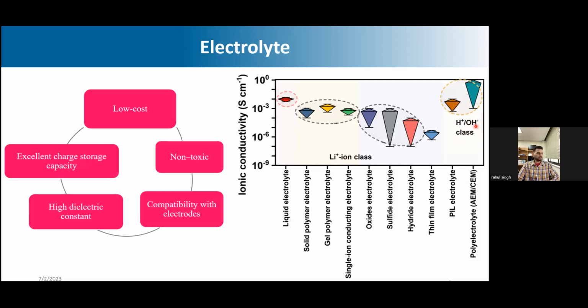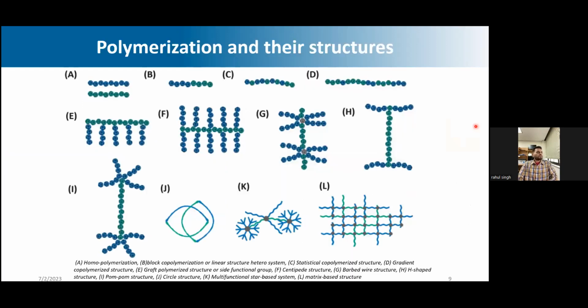So if you see the next slide, here we are polymerizing different types of polymer, like SPEEK, Nafion, polysulfone. Here I have presented different structures, and if you want to read in depth about this polymer chemistry or the controlled polymerization process, this is a paper which has been cited here.